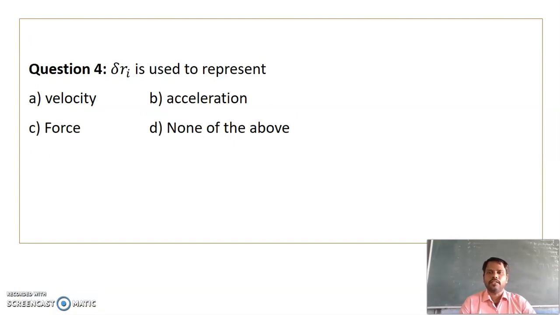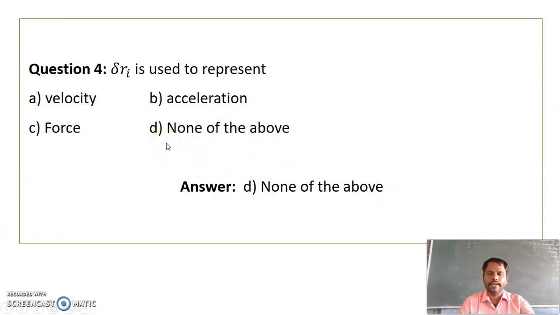Delta ri is used to represent generalized displacement, but we don't have any option, so the answer is none of the above.